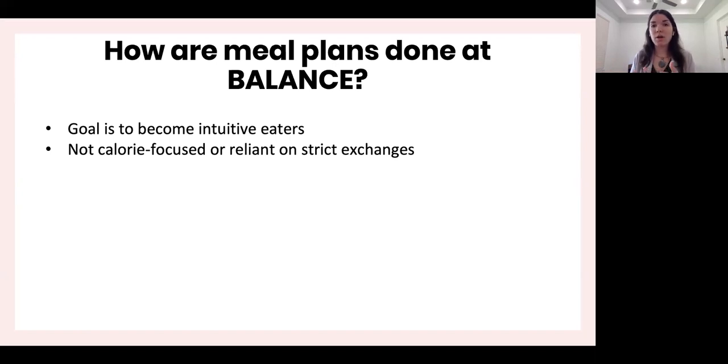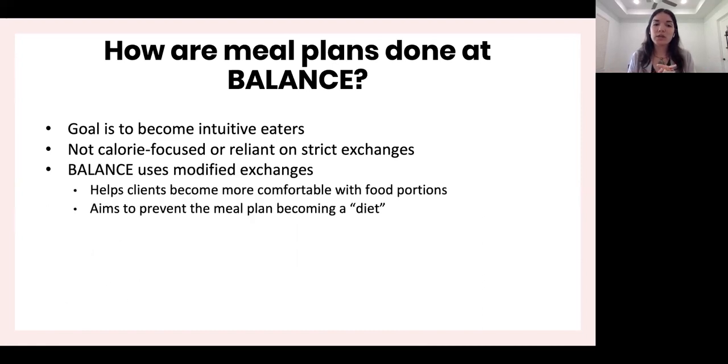So what do we use instead? What we use is modified exchanges. That's the term we've come up with. So what does a modified exchange look like? Exchanges are groups: a carbohydrate, a protein, a fat.